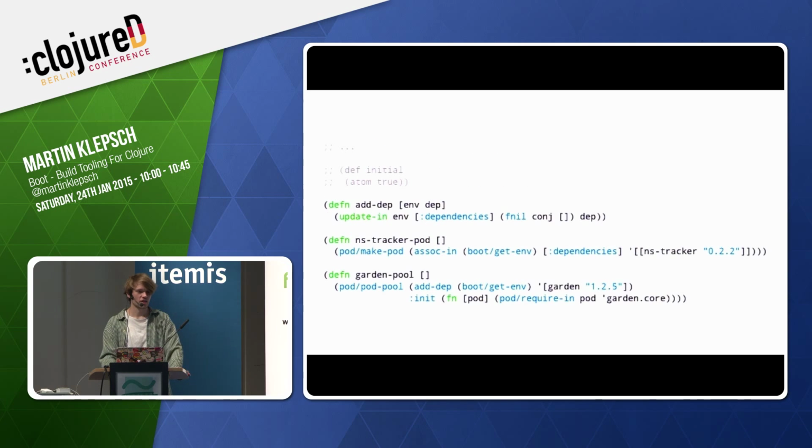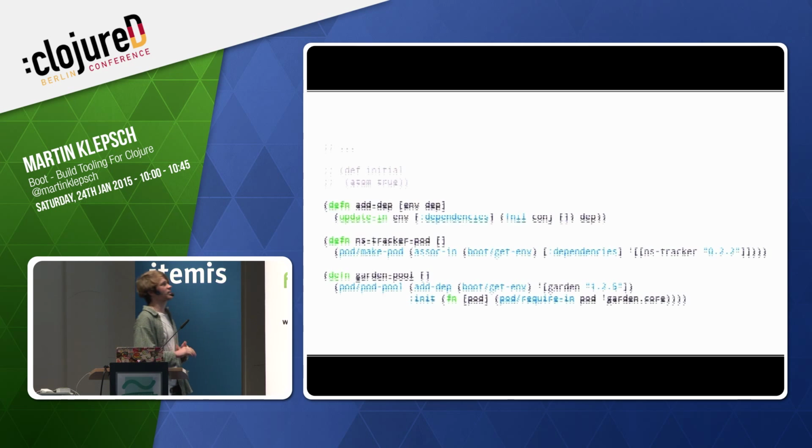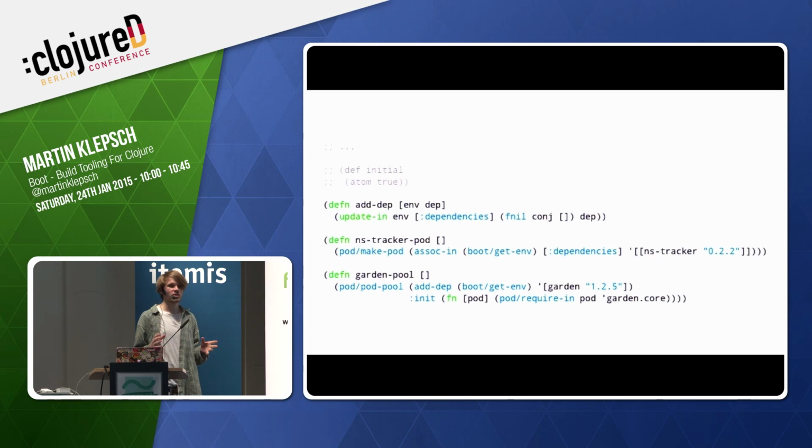And now we get a quick example of how we can use pods. I talked about pods earlier, they're isolated Clojure runtimes. And you can see here how pods are being created. The first function takes some environment that you can get from boot, which gets you the current environment, and adds a dependency to that environment.